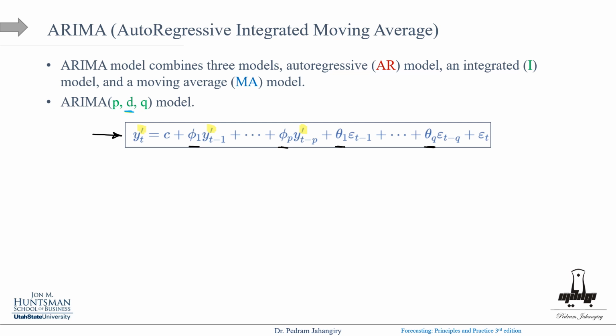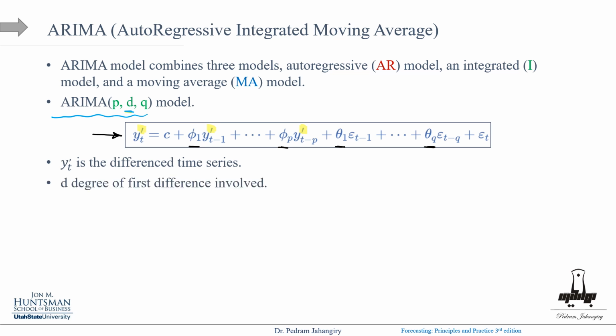Now our ARIMA model is ARIMA(p, d, q). P stands for the order of autoregressive, D stands for the order of integration, and Q stands for the order of moving average components. This Y prime is a differenced time series, and D is the degree of differencing. Remember that these parameters are estimated using maximum likelihood estimation.